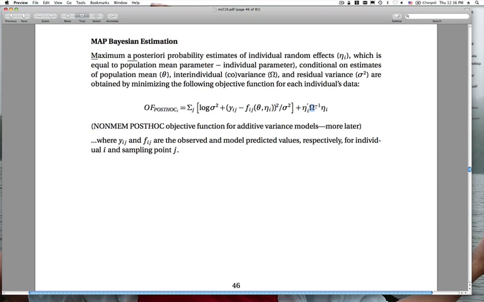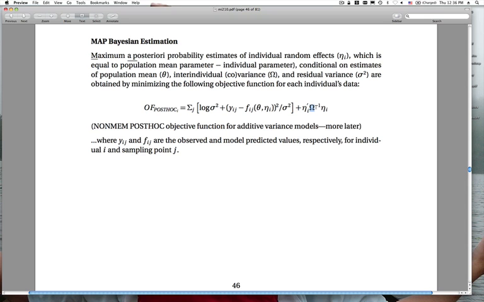So this method, MAP-Bayes estimation, is useful for the analysis of sparse population data when the goal is just to derive individual parameter estimates. This is not a useful method for estimating population means or population variances. It's strictly focused on individual estimation from sparse population data. And in fact, this method is used quite commonly in a lot of the therapeutic drug monitoring software tools just because of that reason.